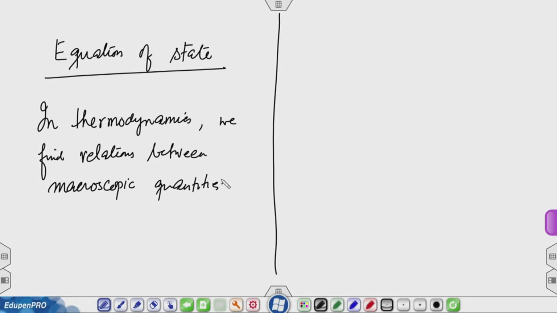So, equation of state describes that relationship.